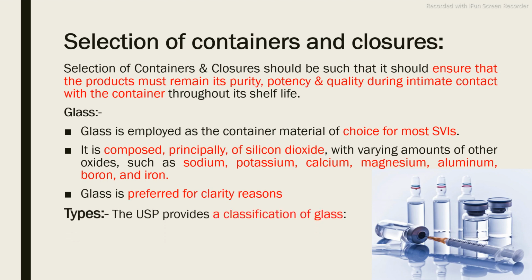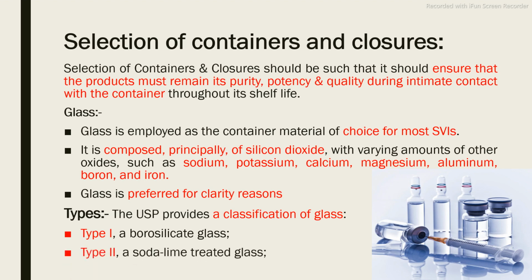The types of glasses: according to the USP, glass is classified into three types. First one is the type 1 glass. This is called borosilicate glass, or it is also called neutral glass. Second one is the soda lime treated glass. If you look at type 2 and 3, both are made up of soda lime glass.